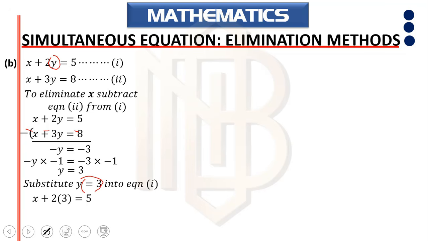From what you have there, you can easily say that x plus 6 equals 5, and x equals 5 minus 6, which is going to be minus 1.